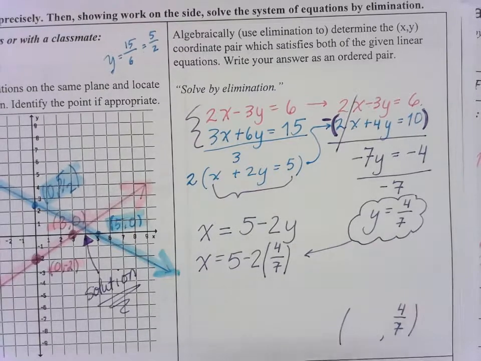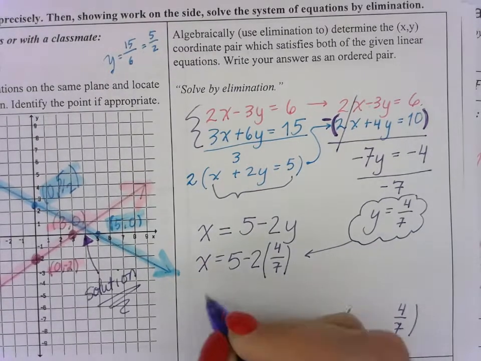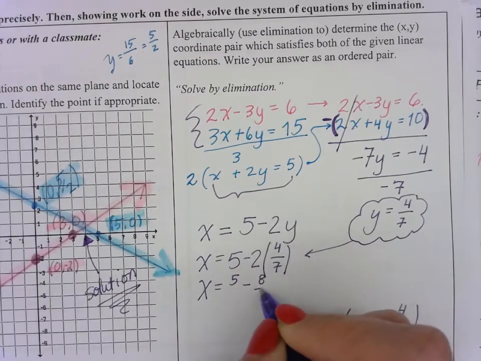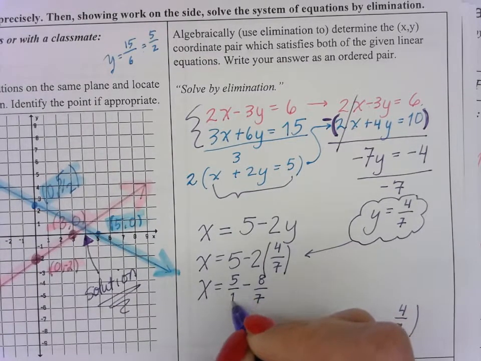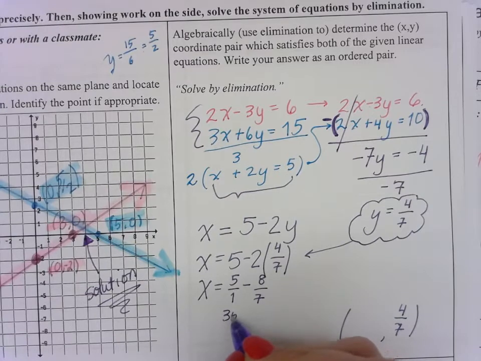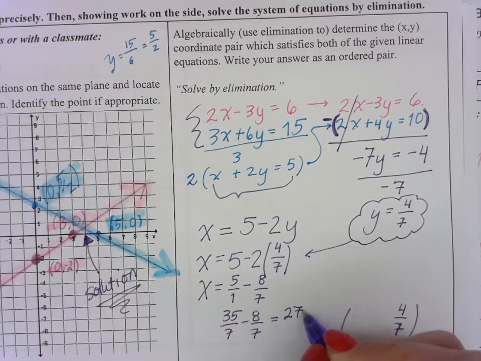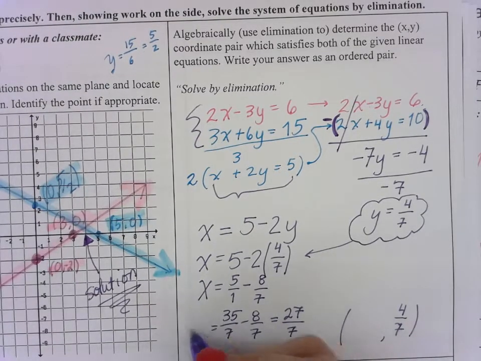x equals 5 minus 2 times 4/7. You do not need a common denominator for multiplication. x equals 5 minus 8 over 7. 5 is really over 1, but that's really 35 over 7 minus 8 over 7. So that's going to be equal to 27 over 7.